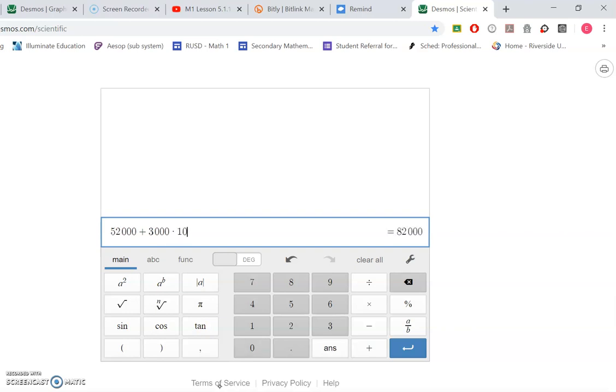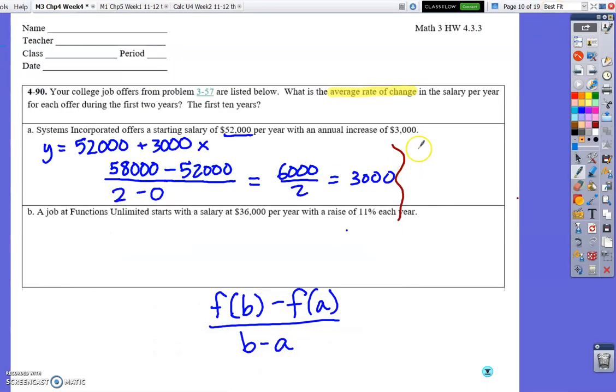And so that's 82,000 minus 52,000 over 10 minus 0, which will give me 30,000 over 10, which is 3,000, which is to be expected because that was a linear equation. So that's my average rate of change.